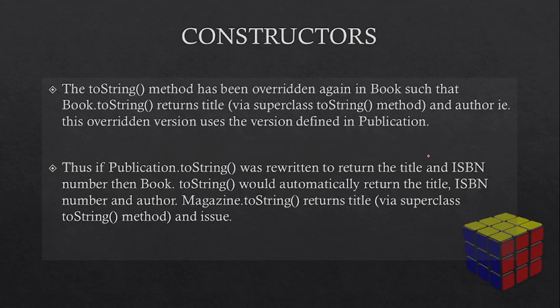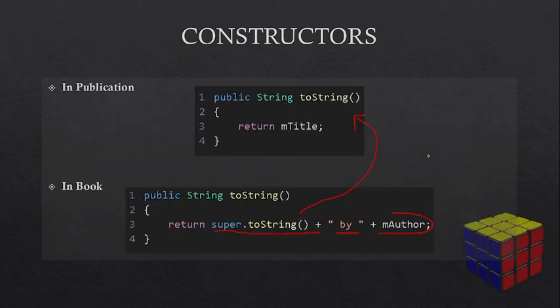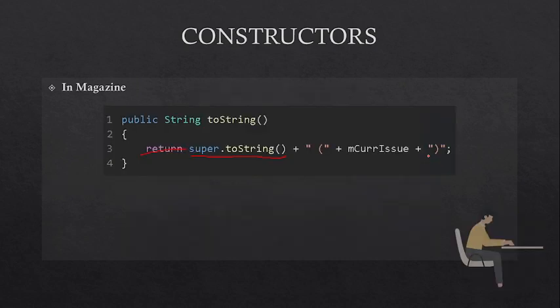Okay, so the to string method has been overridden again in books such that the book to string returns only the title and the author. So the to string, diba, you only display the relevant information with regards to book and then sa magazine. So different ang information in the string.